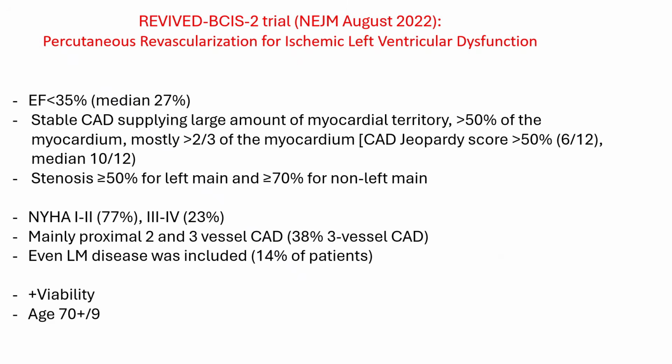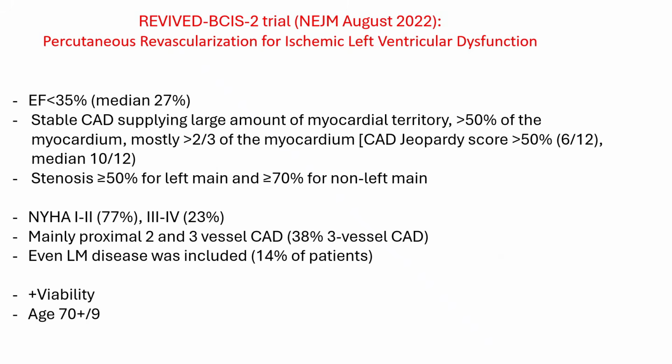Now I will discuss the REVIVED-BCIS2 trial published in 2022, and this trial compared PCI to medical therapy in ischemic cardiomyopathy. They took patients with an EF less than 35%, median 27%, like STICH, and they took patients with a stable CAD supplying a large amount of myocardial territory.